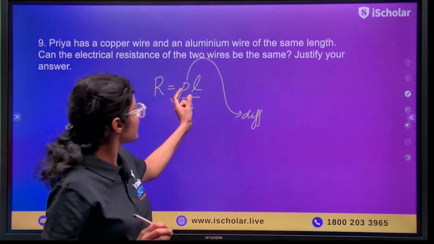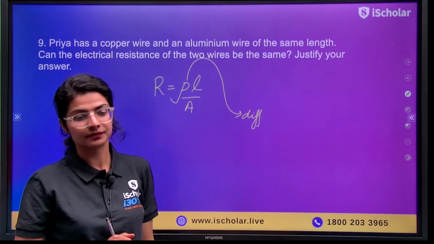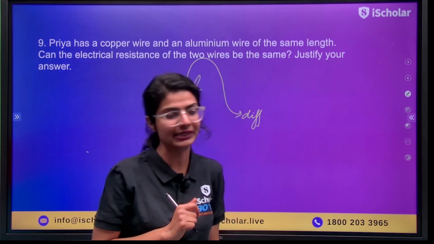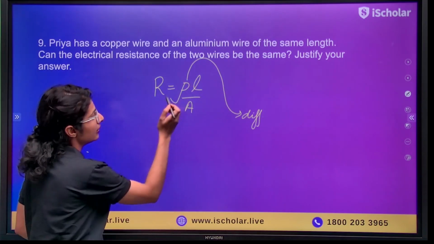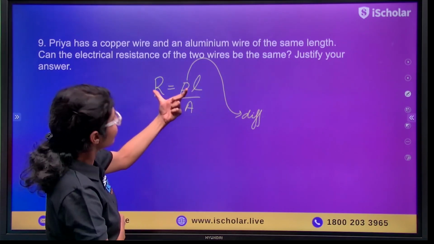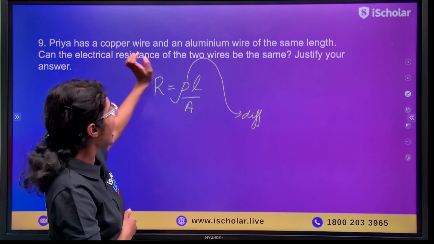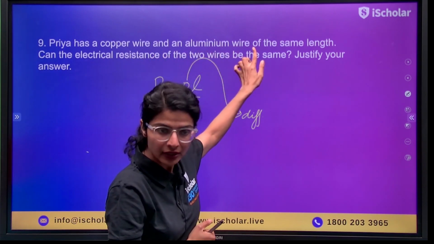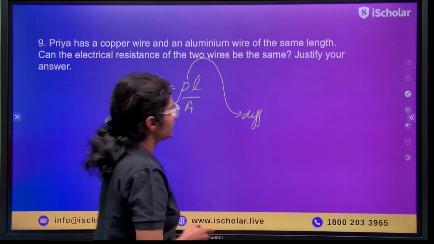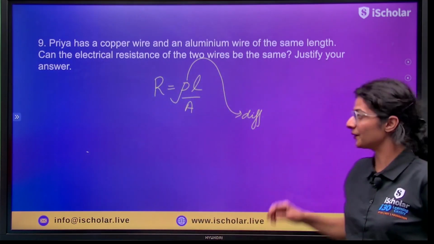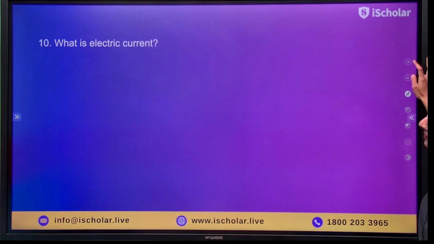Resistivity is a property of the material, what material you are using. So this would be different for all. So we'll say that since the resistivity value for copper and aluminum is different, we'll see that resistance is different for both. Am I clear with this? Okay, coming to the next slide.